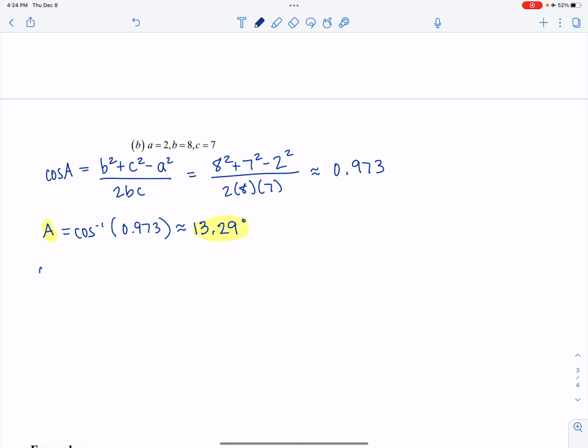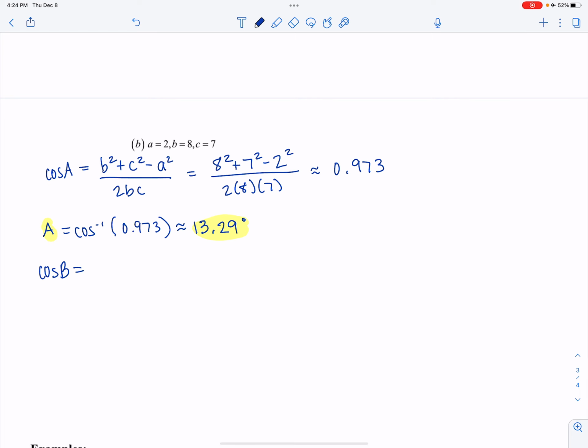Let's continue to B. Cosine of B, a squared plus c squared minus b squared over 2ac, is 2 squared plus 7 squared minus 8 squared all over 2 times 2 times 7, which is approximately negative 0.393.